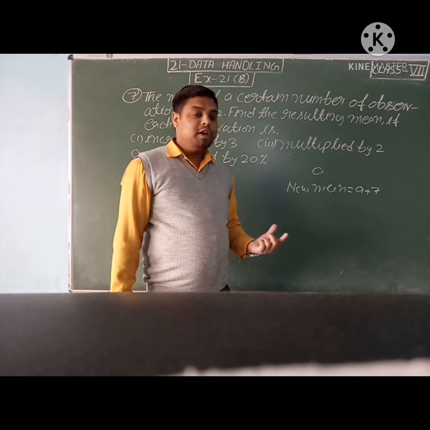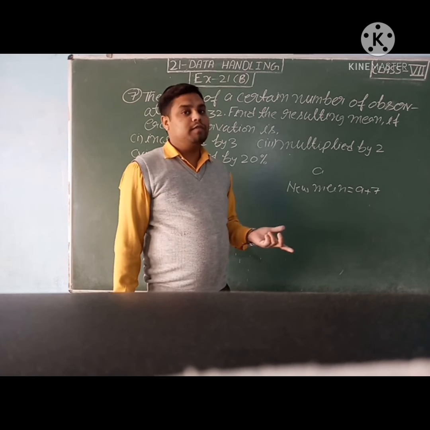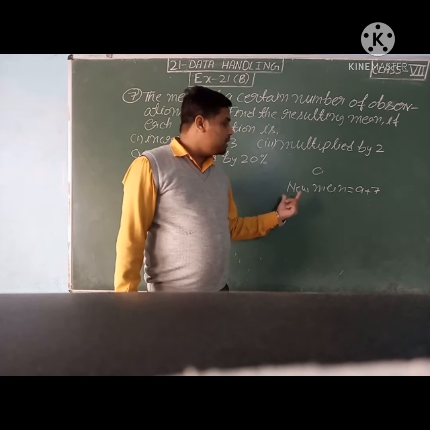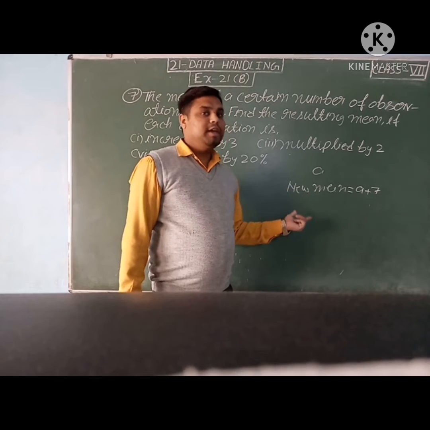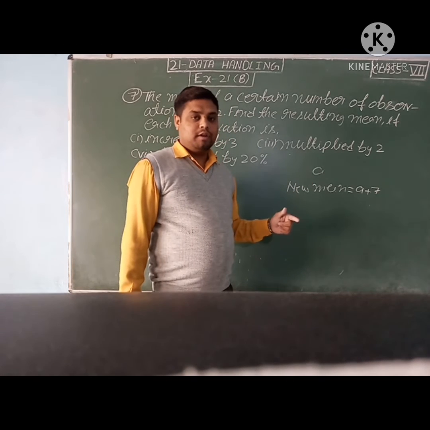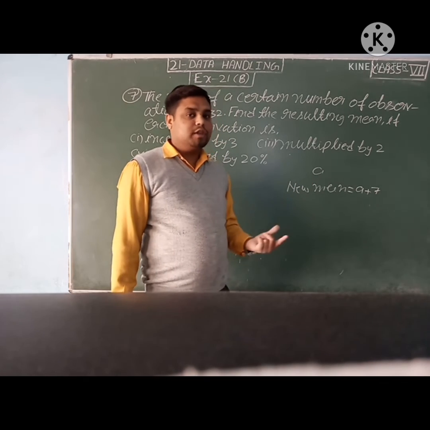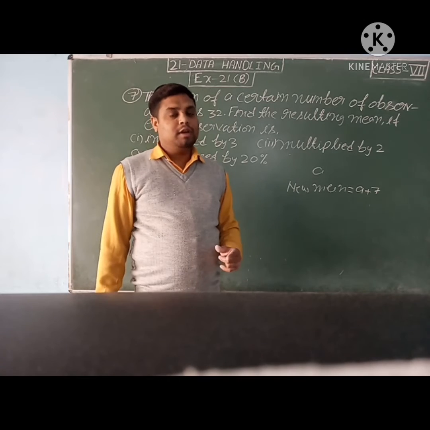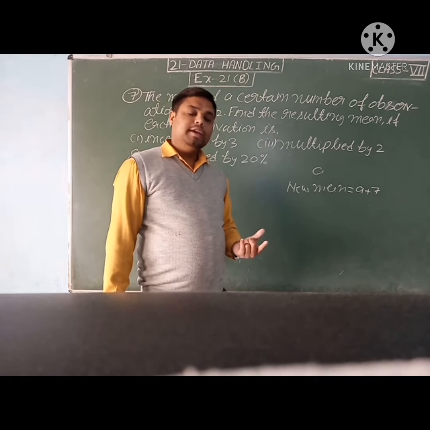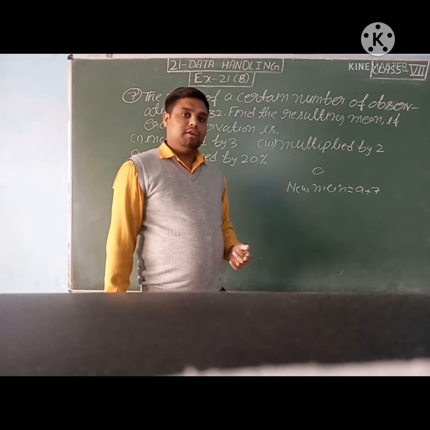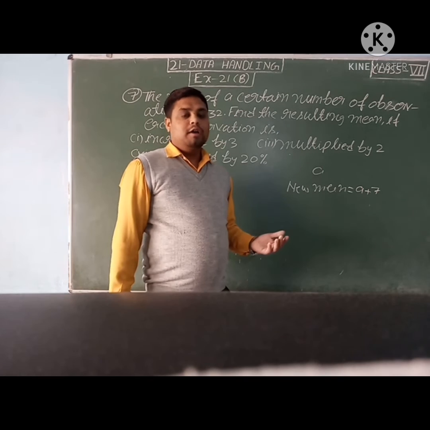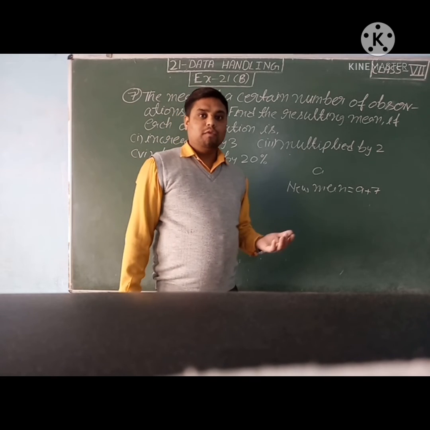If every observation is divided by 7, then the new mean will be A upon 7. If every observation is multiplied by 7, then the new mean will be A multiplied by 7. So these are the properties of the mean.